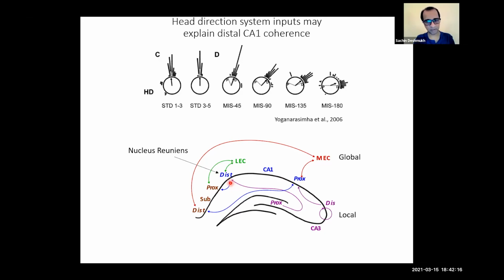And proximal CA1 is pretty much falling apart. So you have to keep in mind that the representation of space in hippocampus itself is dependent on task demands as well as degradation of the environmental inputs that are available. Some parts are easier to confuse, like proximal CA1, than the other part, which is the distal CA1.